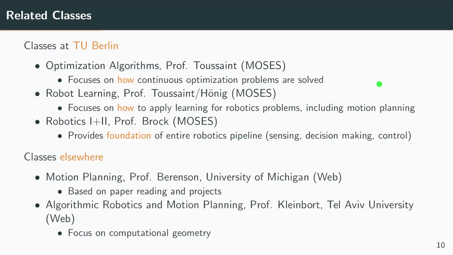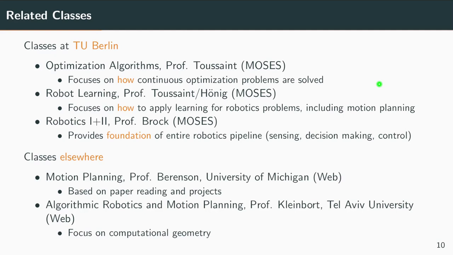Here in our class, we are more focused on how to write it down. Given a problem, say we want a humanoid robot moving from A to B, how can I formulate it so that an out-of-the-box optimizer can solve it efficiently? But we don't look at how the optimizer works internally at all.